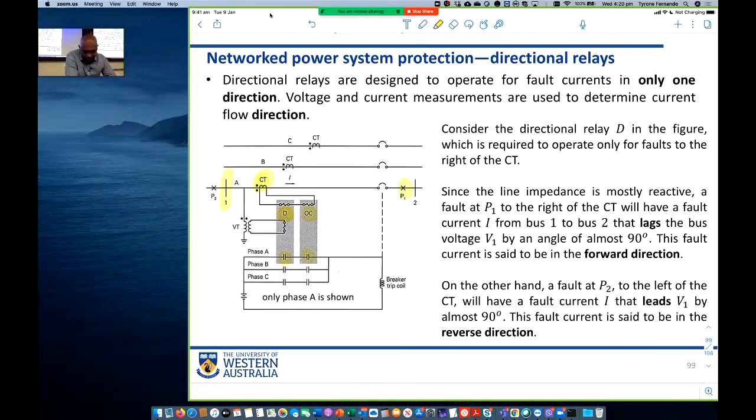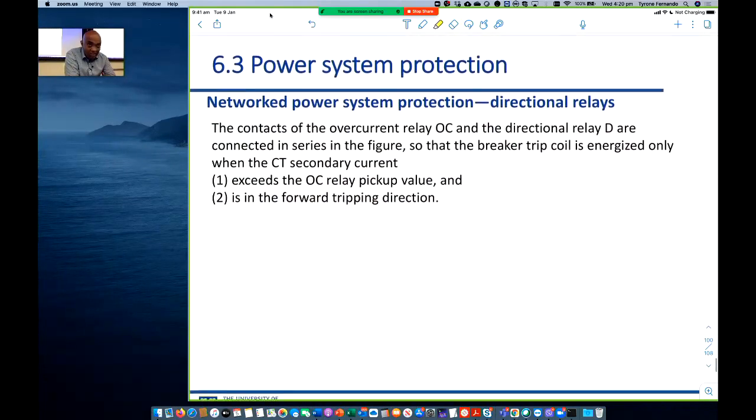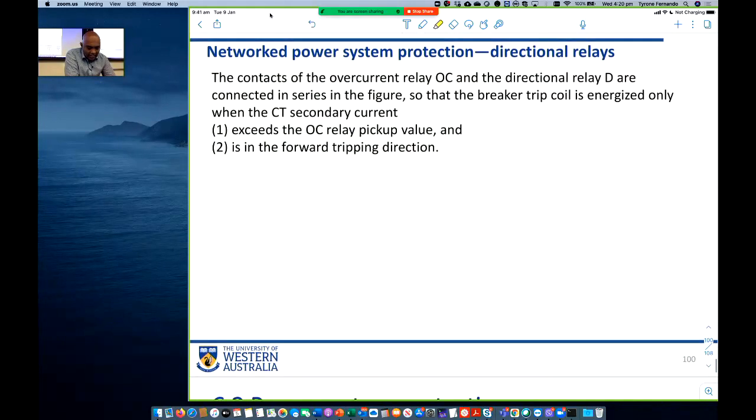Whereas if there is a fault at P2, the current direction will be reversed, and in this situation the current will be leading by 90 degrees instead of lagging by 90 degrees, because it reverses by 180 degrees. So we can tell the forward direction and the reverse direction by measuring the voltage and current. The contacts of the overcurrent relay and the directional relay are connected in series in the figure.